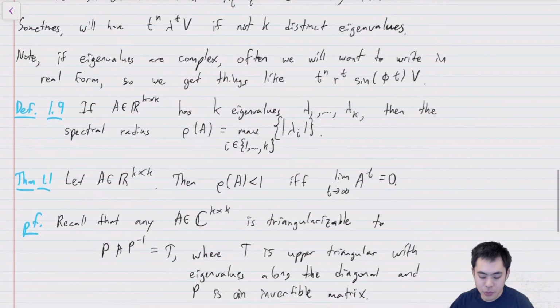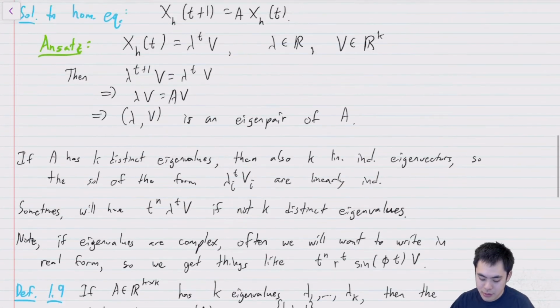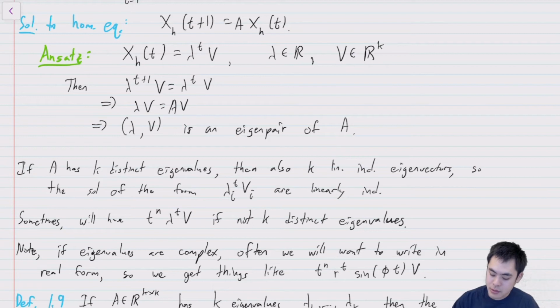Okay, so now that we've done that, where was I? So if we have k distinct eigenvalues, everything's hunky-dory, and you have k linearly independent eigenvectors, and so solutions of this form are linearly independent. Now, remember, when we had multiplicity of the root of the characteristic equation, then things went wrong, and sometimes you had things that were t to the n lambda to the t.